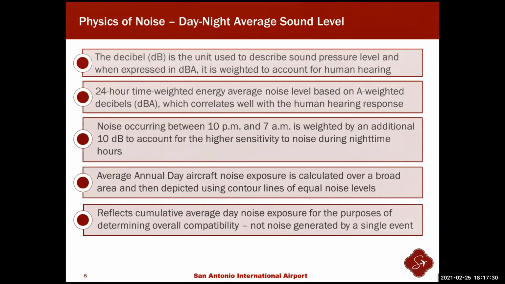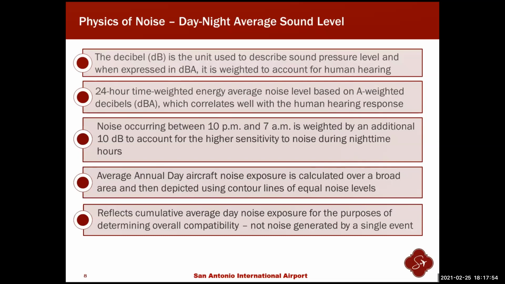The FAA has adopted the day-night average sound level, or DNL, as the primary metric for 14 CFR Part 150 studies. DNL represents the total cumulative sound exposure in decibels over a 24-hour period. This metric considers the total number of operations at an airport over the course of a day. For Part 150, we are required to evaluate the average annual day.